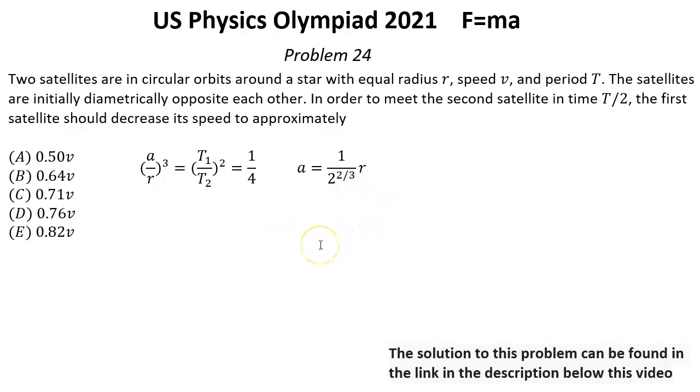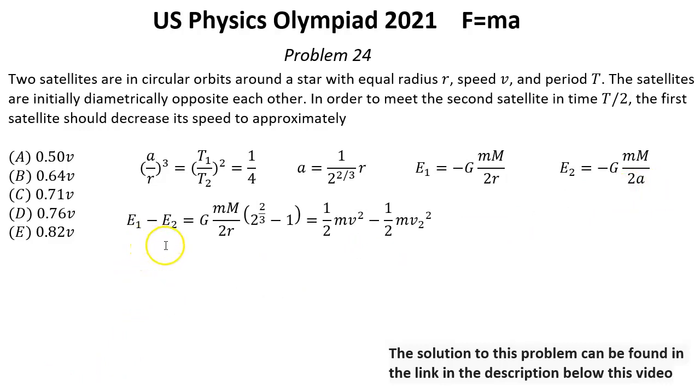Now let's use equations for total energy. For the first satellite we have total energy equal negative GM over 2r. And for the second satellite, total energy equal negative GM over 2a. Now let's count what is the energy difference.